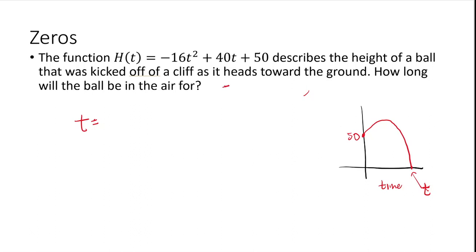So we could say negative 8t squared plus 20t plus 25, since we're dividing by 2. So now, what are a, b, and c? a is negative 8, b is 20, and c is 25.